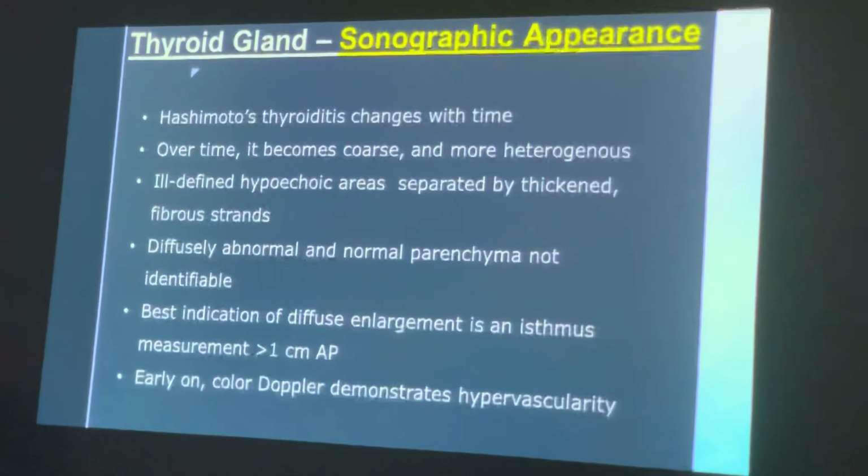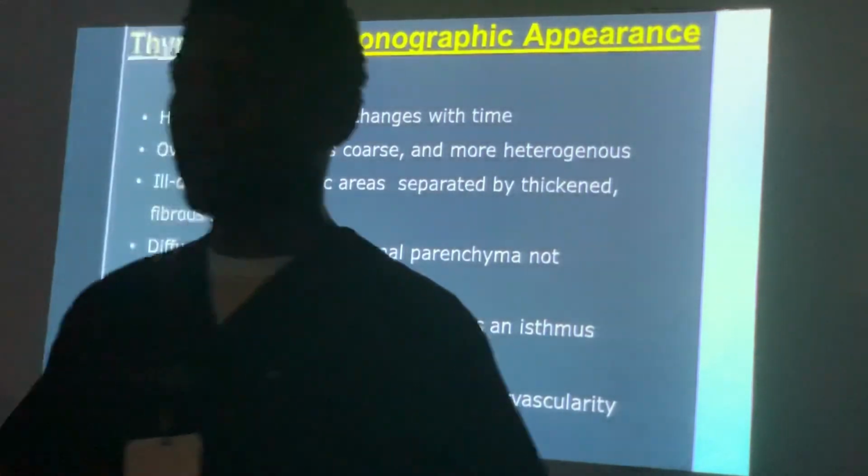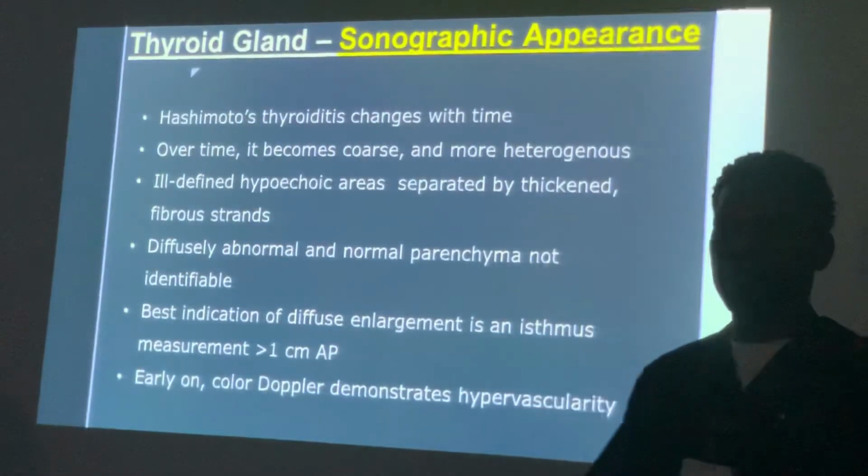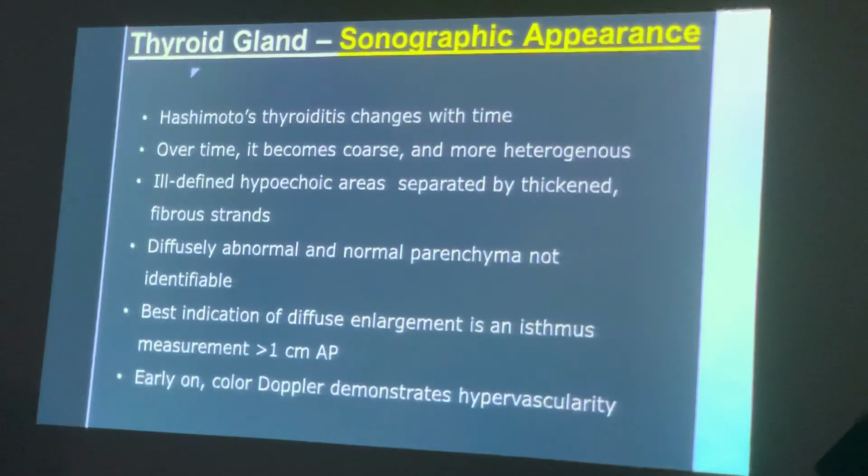All right. So the sonographic appearance of hypothyroidism: remember, what is the percentage that's Hashimoto's? 75%. So most of the time we're going to be speaking from the Hashimoto's angle, because that's what we're going to see most of the time.